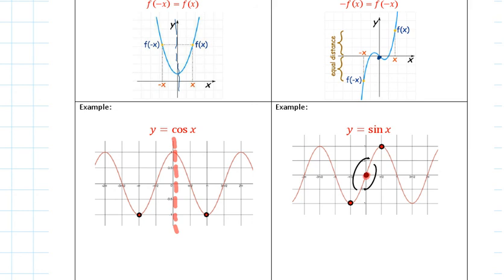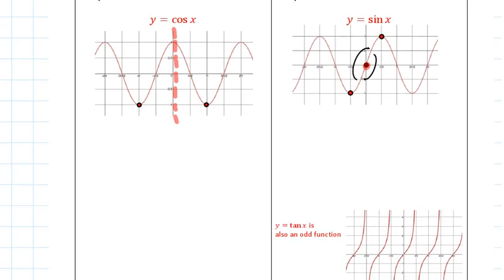So let's look at f of pi. F of pi equals 1. Sorry, negative 1. Now, what would be f at negative pi? So f of pi here equals negative 1, and f at negative pi is equal to negative 1, right?